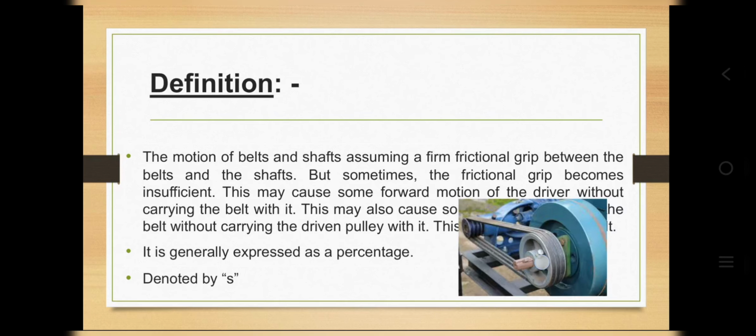This may also cause some forward motion of the belt without carrying the driven pulley with it. This is called slip of belt. It is generally expressed as a percentage and denoted by small s.